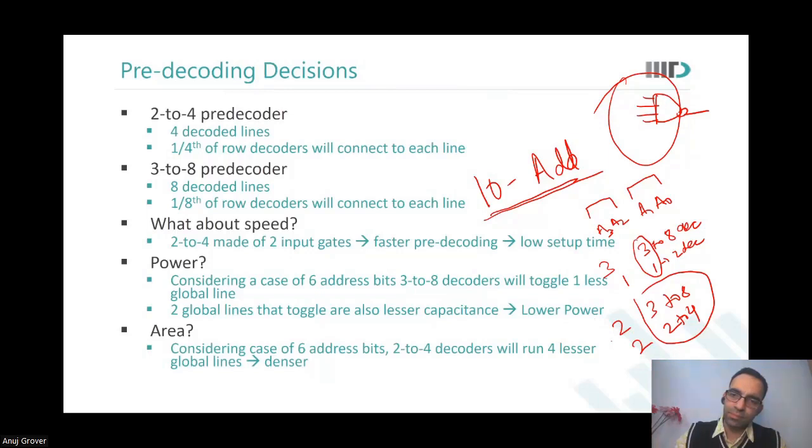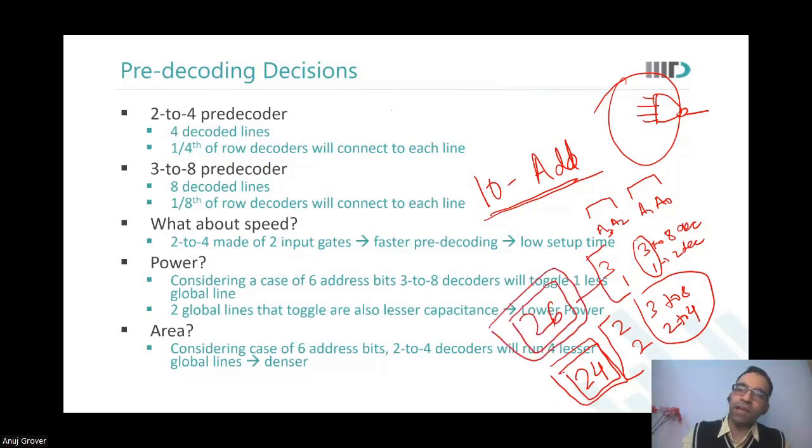If in our post decoder the number of lines increases, then I think area would be wasted. Good. So you're saying there are 24 lines over here, and if we had 5 2 to 4 decoders, we would have been able to work with 20 lines.